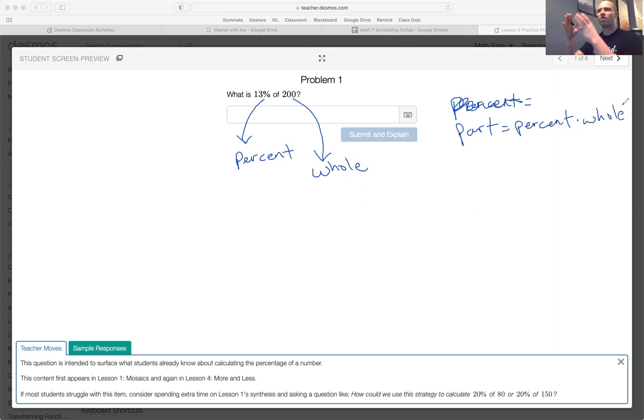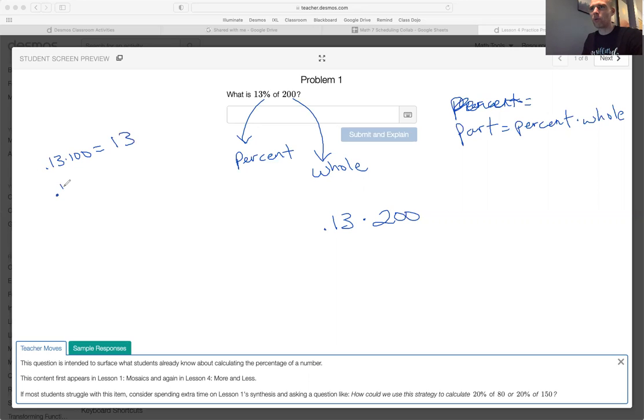And so we're going to wind up multiplying. Just like I said, the word "of" between that 13% and that 200 means you're going to do 13% times 200. And the formula says to do that same thing too. So to find our missing part, we're going to do 0.13 times 200. You could put this into a calculator, but if you understand how percents work, I think you could do this one without. 0.13 times 100, I would just move that decimal point over 2 spaces, and this becomes 13.